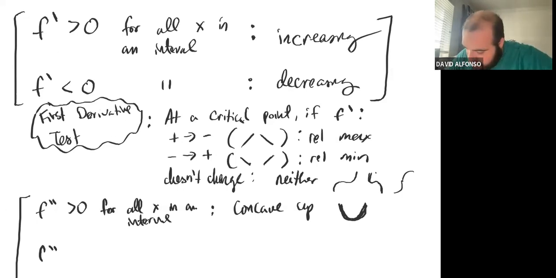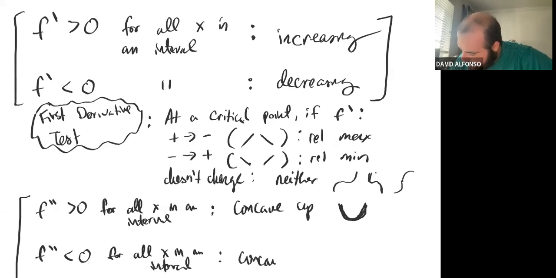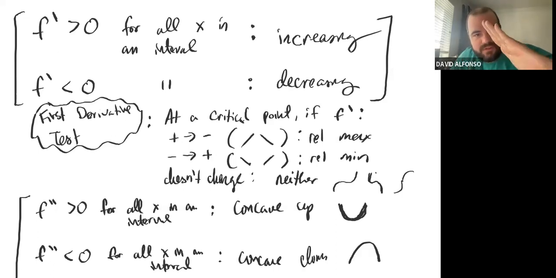And then of course, if the second derivative is less than 0, or negative, for all x in an interval, then you say it's concave down, and you can see the slopes are decreasing. They're either getting less positive or becoming more negative, so it takes on that curvy shape.